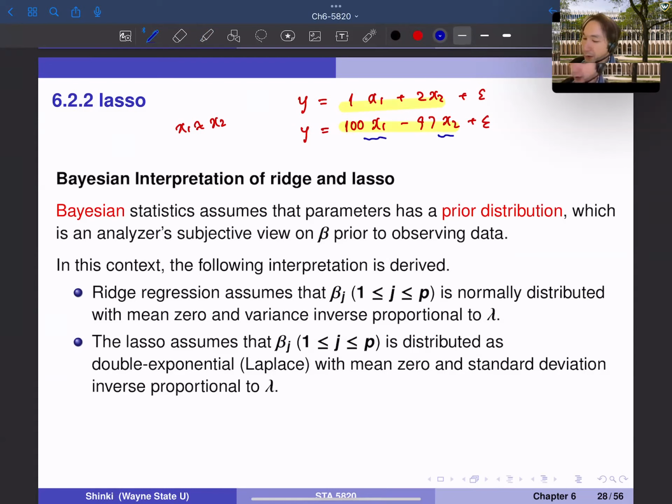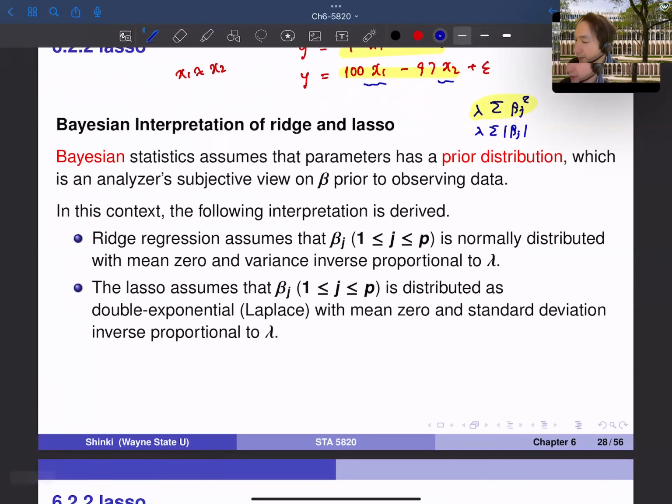But we can also give a Bayesian interpretation of ridge and lasso. Specifically, we give a mathematical explanation for lambda times the summation of beta j squared, or lambda times the summation of the absolute value of beta j. You can see this summation of beta j squared is similar to the least squares loss function, where we minimize the sum of squared residuals.